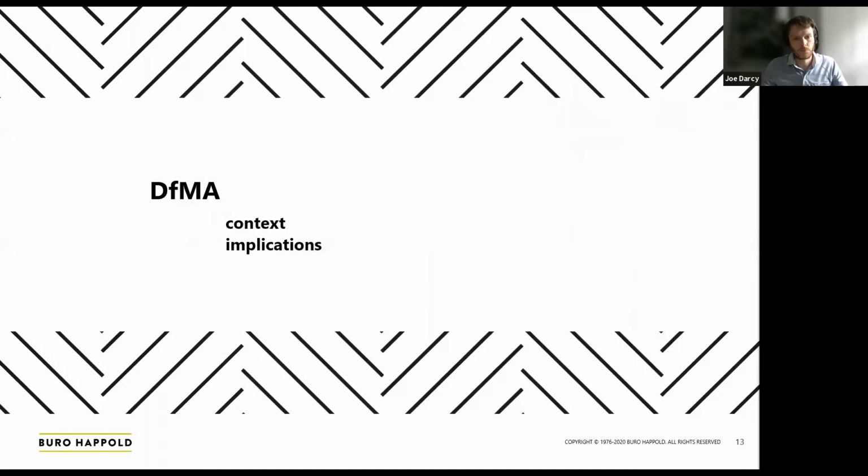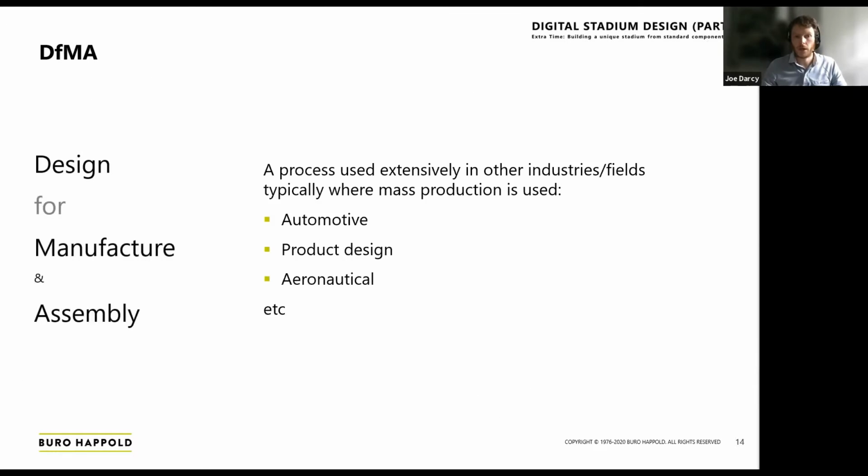So DFMA, what is it? And a bit of context around it. DFMA is design for manufacture and assembly. Typically, this is a process used extensively in other industries and fields where mass production is critical, such as automotive, product design and aeronautical.